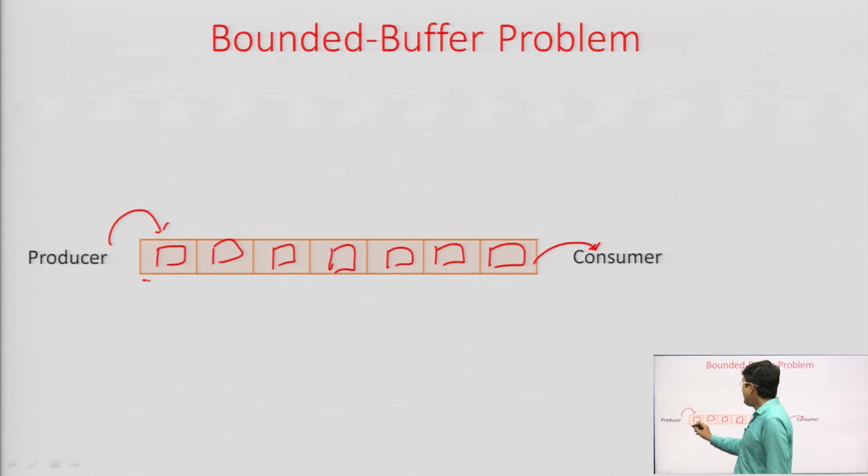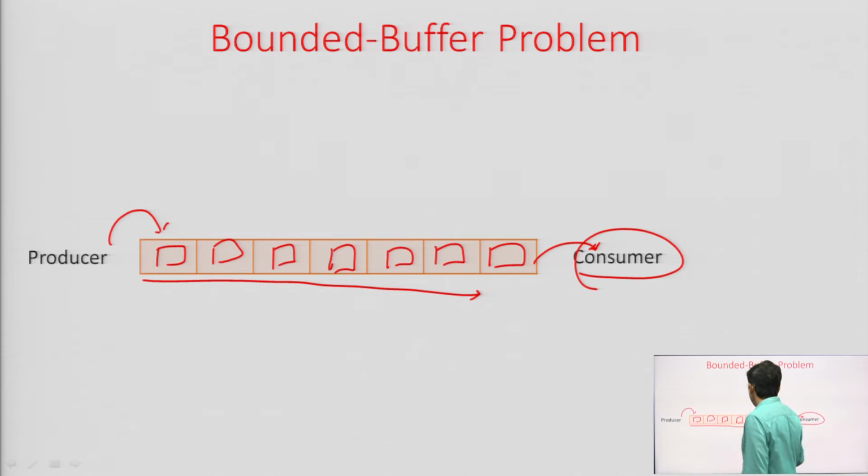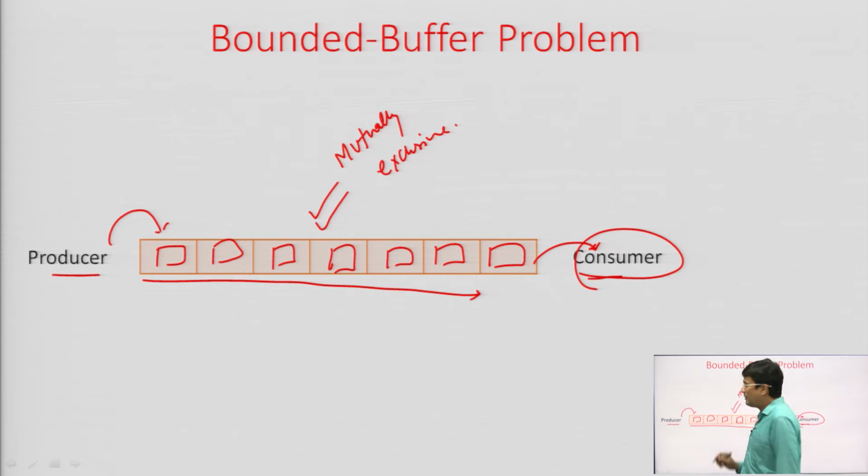So, there is a conveyor belt on which the produced items are kept, and from the conveyor belt only, the consumer takes the biscuits or the biscuit trays. So, this is the place where someone is producing something and someone is consuming something. Access to this conveyor belt should be mutually exclusive. So, this is the bounded buffer problem.